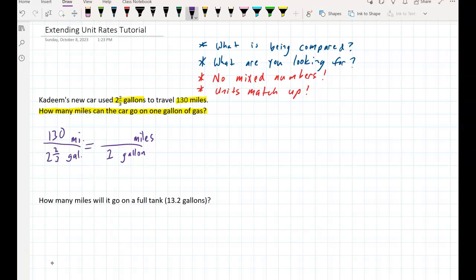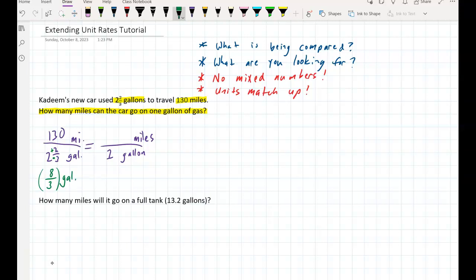We're talking miles over gallons and miles over gallons. But you see there's that mixed number there, so we're going to change it to an improper fraction. Remember how to do that? We multiply the whole number times the denominator, and then we add the numerator. 2 times 3 is 6, plus 2 is 8, but we keep the denominator the same, 8/3. So 8/3 of a gallon.